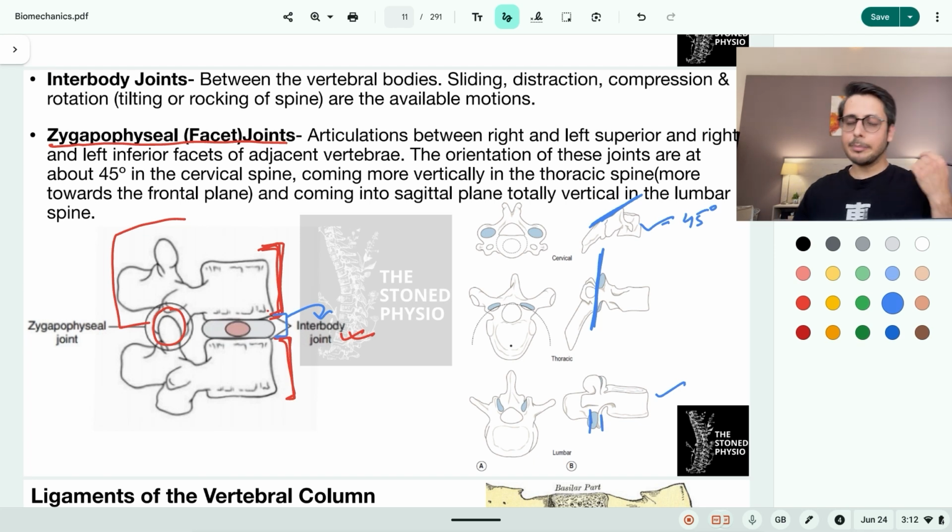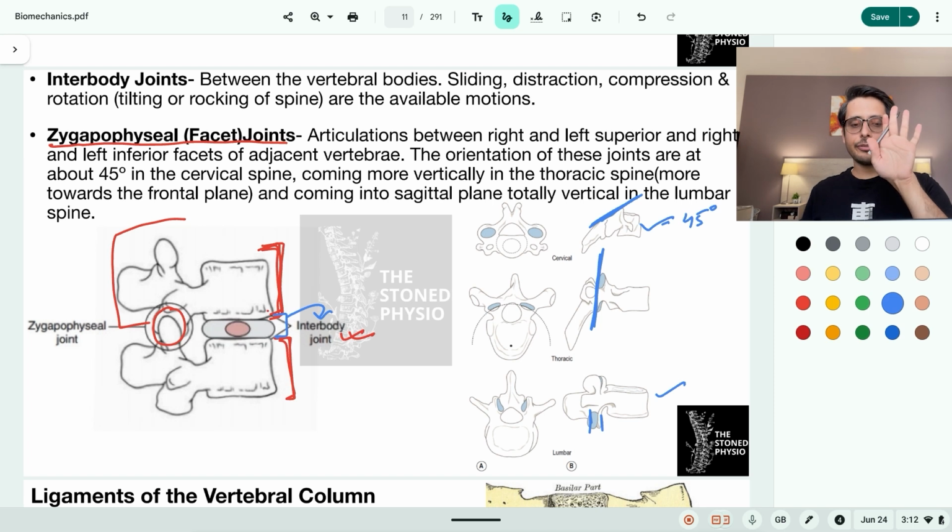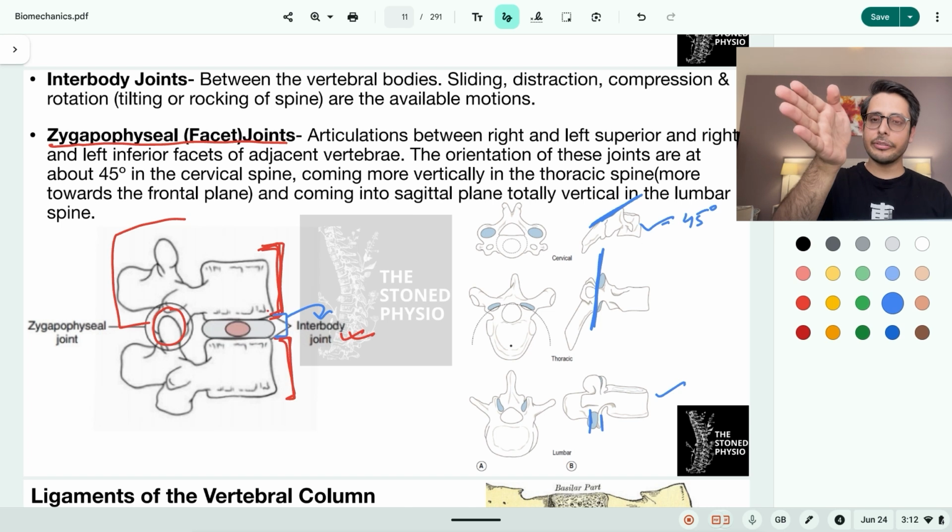If I get a bit more technical about it, what we can see here is that in the thoracic spine, the facet faces forward. So we can say that we have this frontal section, which faces forward, and in the lower part, in the lumbar spine, it follows the sagittal plane.